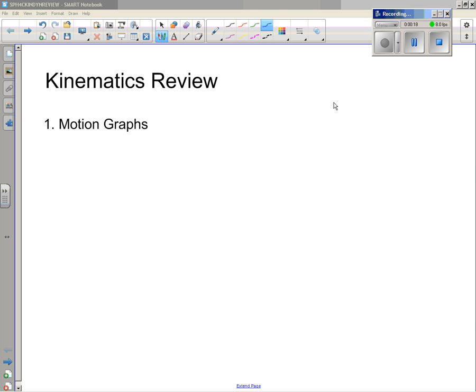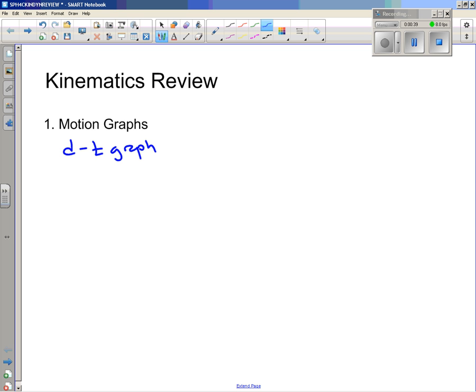We had two types of graphs in this course that we used to describe motion. The first one was the DT graph. And that stands for position time graph, distance time graph, displacement time graph, whatever you want to call it, all right?